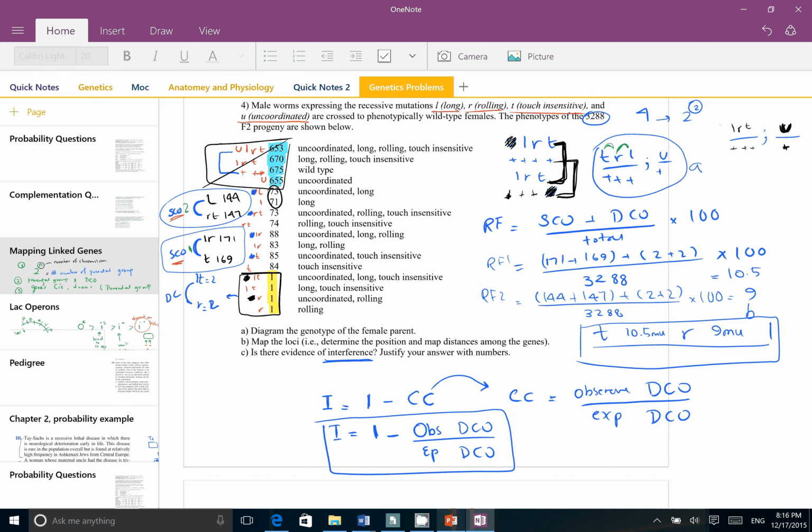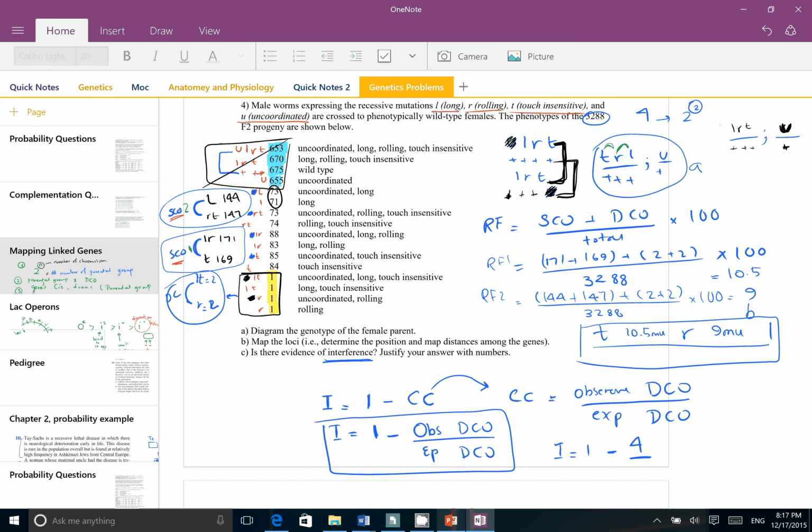Okay, so I equals 1 minus, what's my observed crossover? This is my observed crossover. It's 2 plus 2, so it's 4 over, what's my expected crossover? Remember how we calculated the crossover for that previous question when they wanted us to find the number of crossovers?